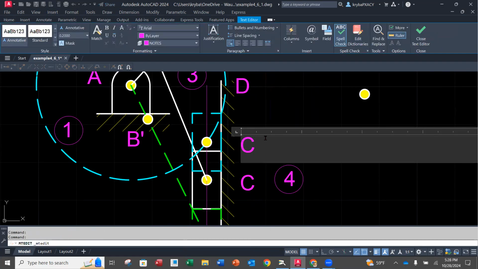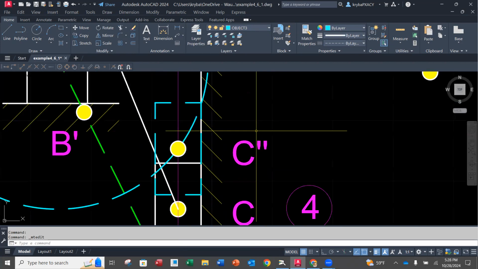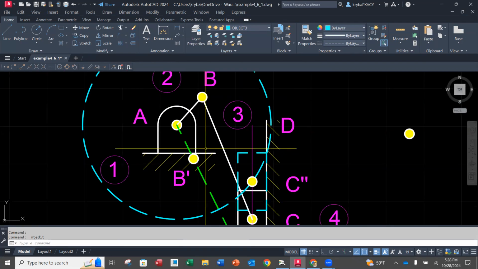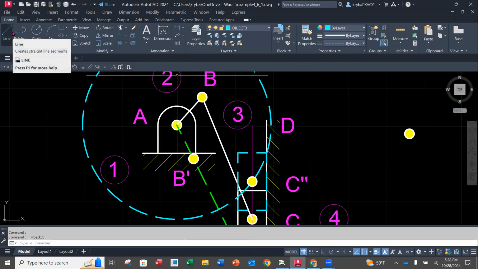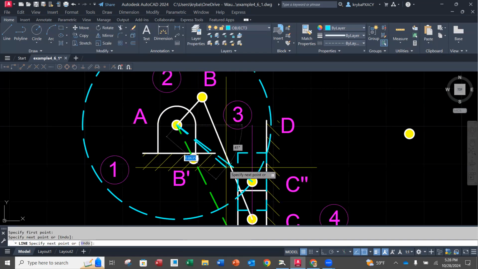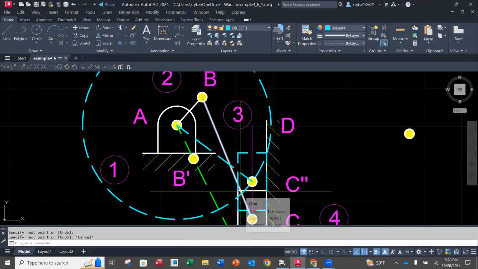And C needs to go to C prime prime because this is the second new position that we have. And then we need to put the line back to A. So our line is going to go from that intersection to the center. Okay. Now that represents link number 3, or the top of link number 3.